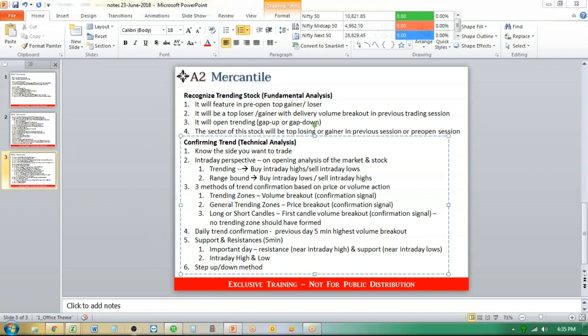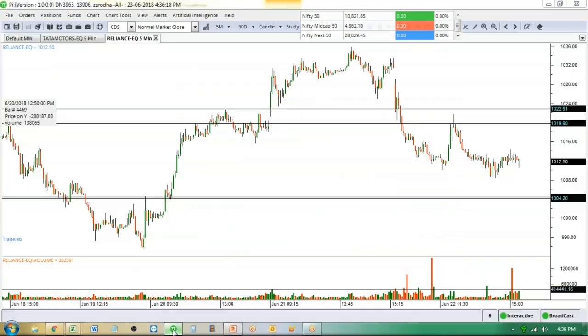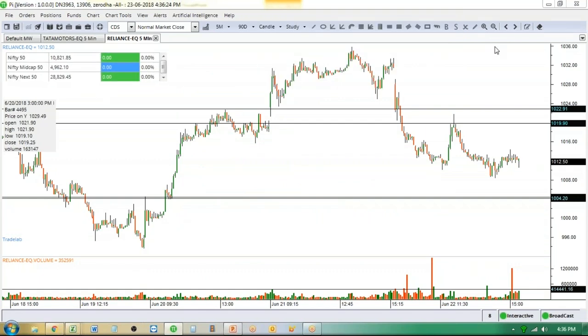I said that when the stock moves, it forms steps. Yesterday in Bajaj also it formed 3 steps up. Something of this sort will happen. I'm just hypothetically drawing.